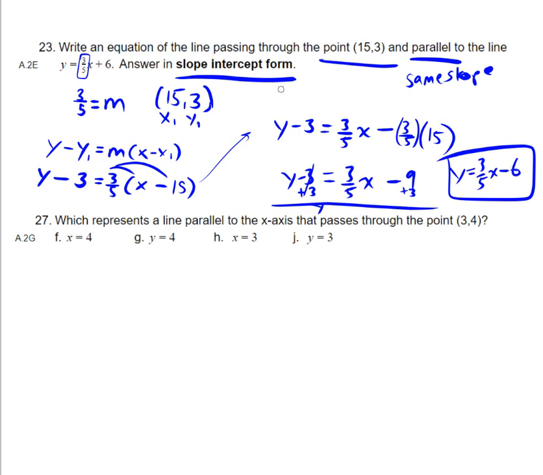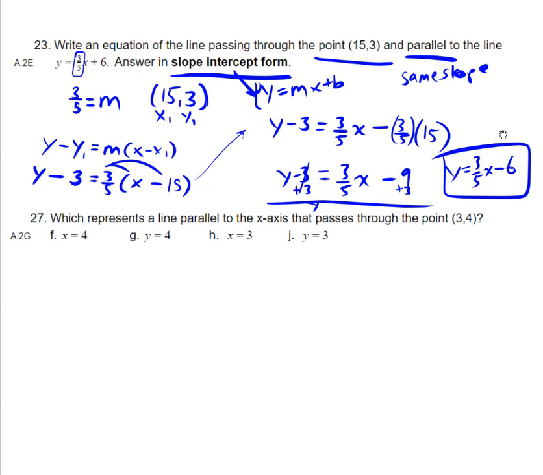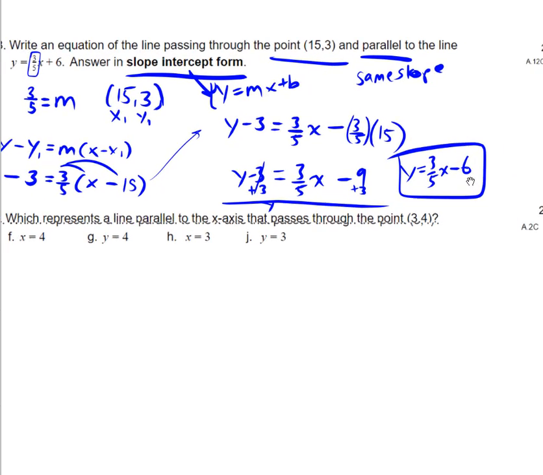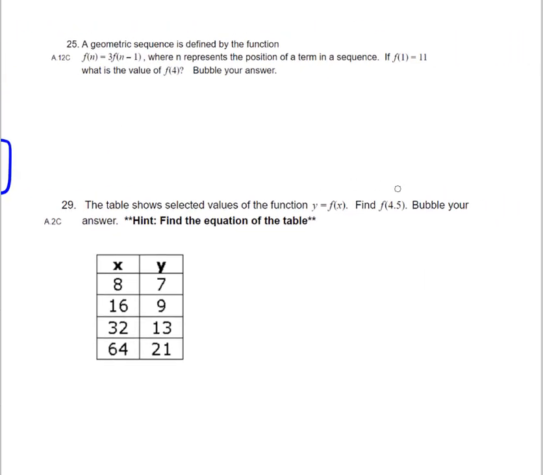If you're confused about what slope-intercept form is, guys, look at your star chart. It has all the forms on there, so you don't have to guess. You can look at it, and you'll see that slope-intercept form is this. And you can see that I got it in slope-intercept form. I got my slope, I got my y-intercept, and so on and so forth, right? So that's my answer. So once again, look at your star chart. Your star chart is your friend.